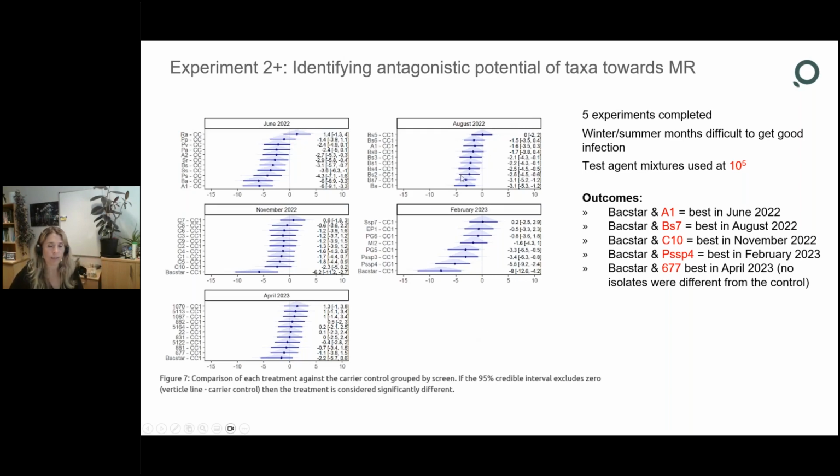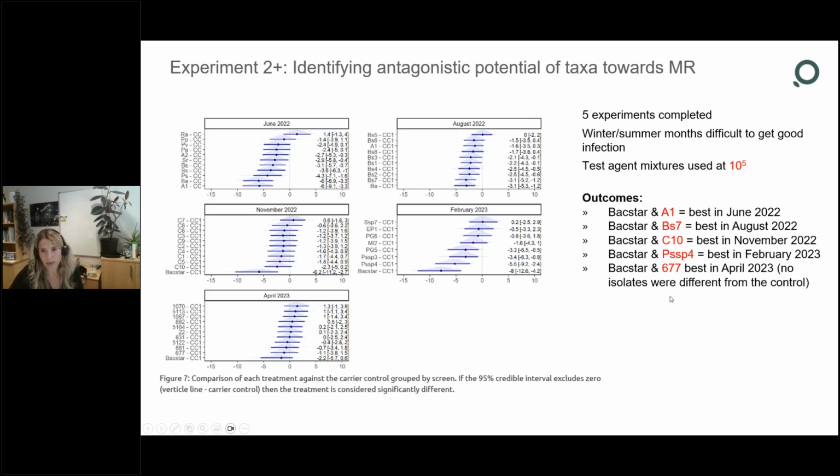So you can see in August we didn't get a very good range of infection, with very few of them being significantly different from each other. Whereas in February we got a very good range of infection, with Bacstar showing quite a lot of control, and the PSSP4 group also showing quite good control.